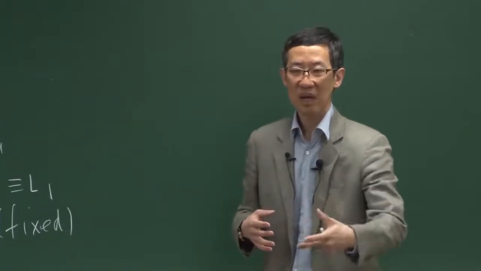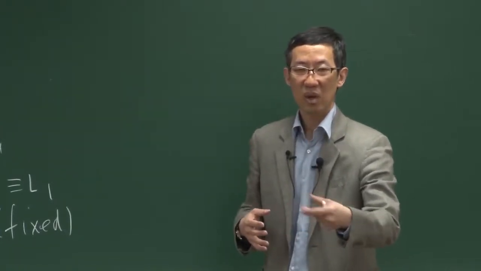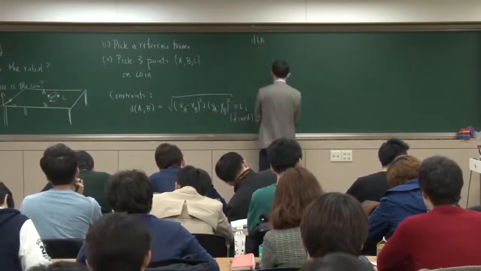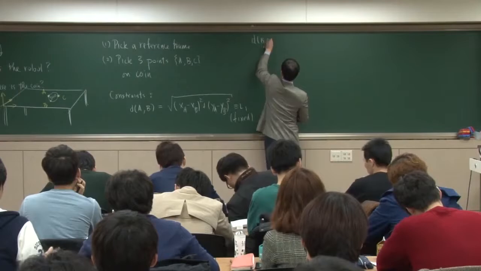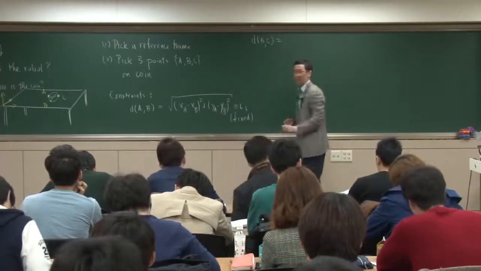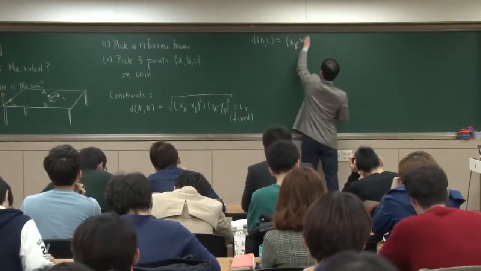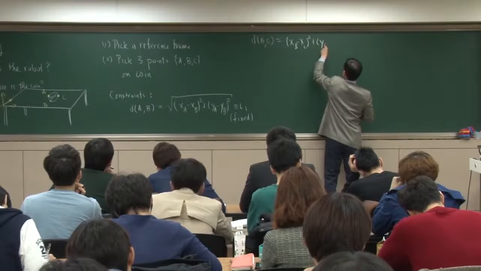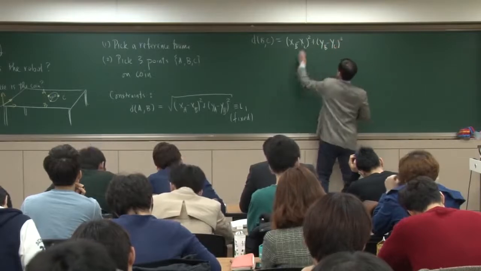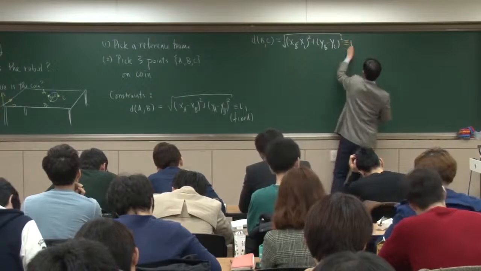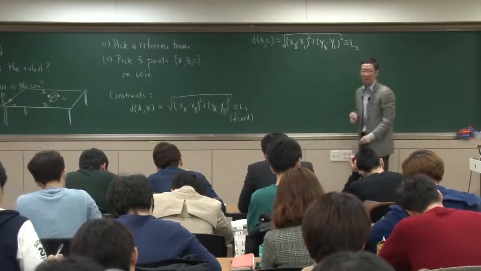Okay, we also have 2 more constraints. The distance between B and C is also going to be fixed. Let's just write it down. This is going to be fixed to some constant L2.